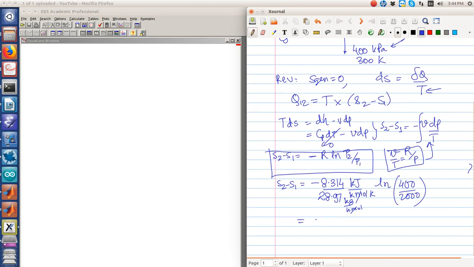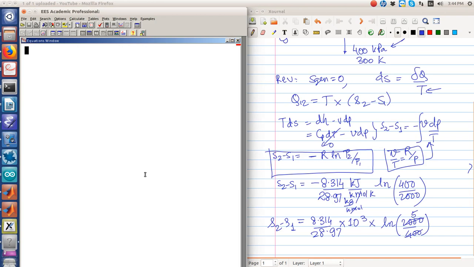So this is equal to 8.314 divided by 28.97 multiplied by ln 200 by 400. I have absorbed the negative sign into the logarithm and written the inverse of this. So let's see what S2 minus S1 is equal to.